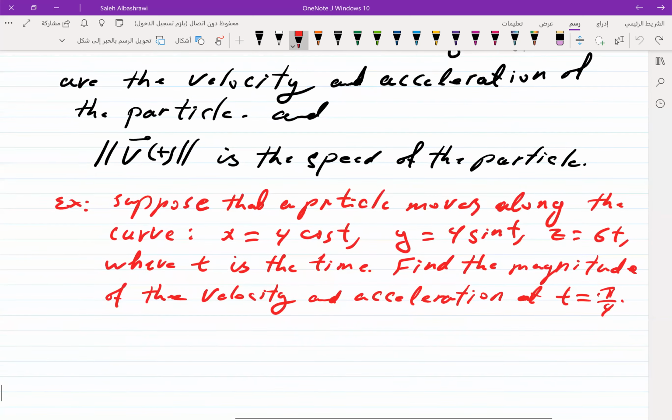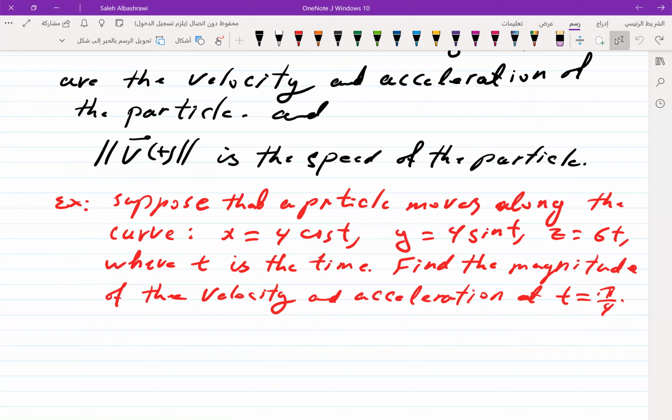Okay. So we have a moving particle on a curve given by the parametric equations x equal to 4 cosine t, y equal to 4 sine t, and z equal to 6t. We need to find the magnitude of the velocity and acceleration.